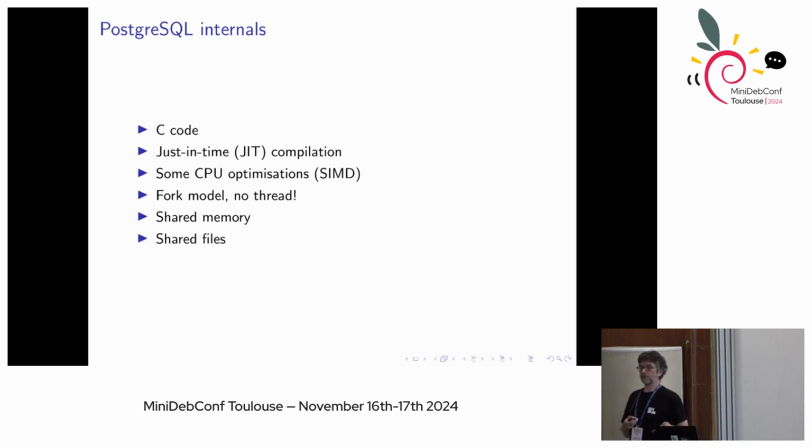PostgreSQL has LLVM, so we can compile some code on the fly to optimize some processing inside PostgreSQL, which is also very good news and useful. Not perfect, still improving. It was also the occasion for the PostgreSQL community to get back to LLVM and to provide some fixes and improvements in order to make LLVM work for us.